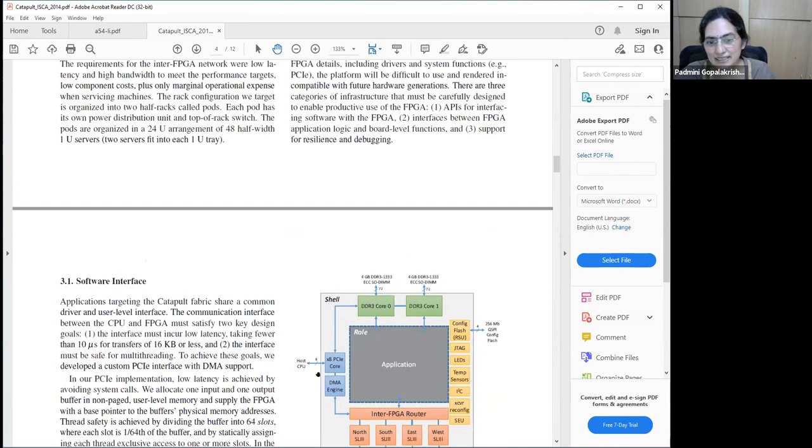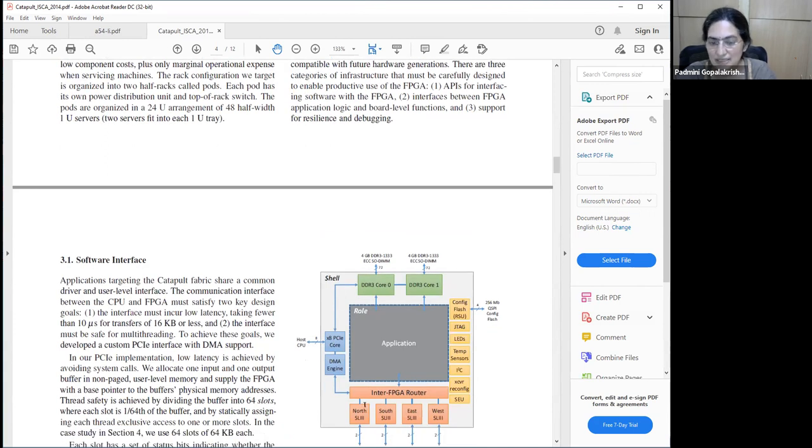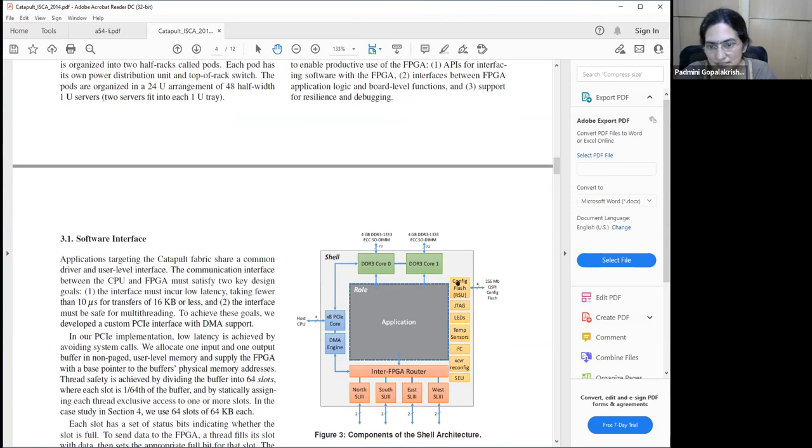The second thing that they take care of, so far we talked about this, the API for interfacing software with the FPGA. The PCI core connects with the host, and the DMA engine takes care of the data transfer in a low latency, multi-threaded supporting way. Then the second thing is you want to have interfaces between the FPGA application logic and board level functions. That is taken care of by some of this. This takes care of the configuration of the FPGA, and then this is the application which actually runs.